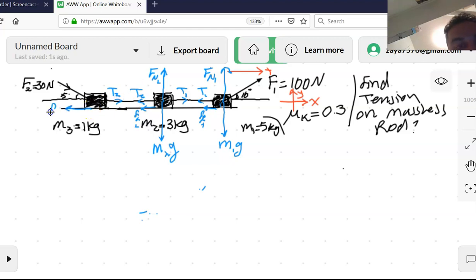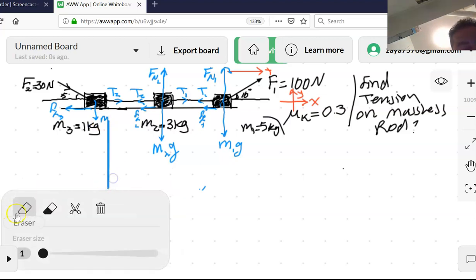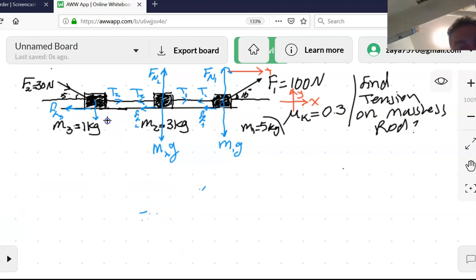Then I have friction force Ff3, and then I have M3g here. Then here I have Fn3, right?